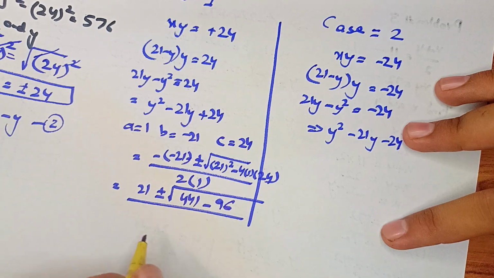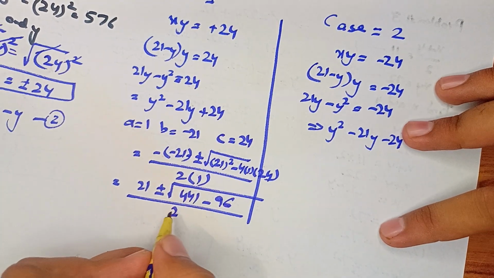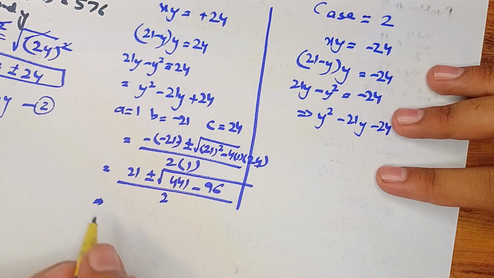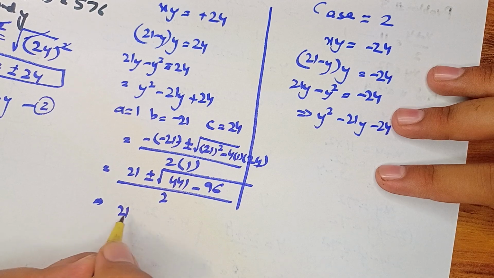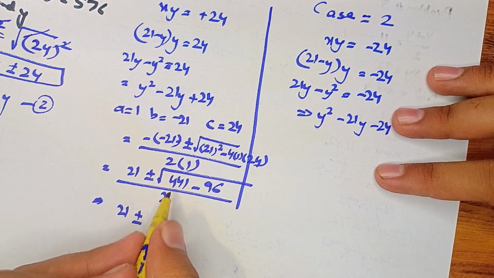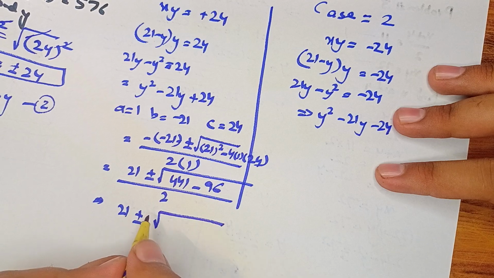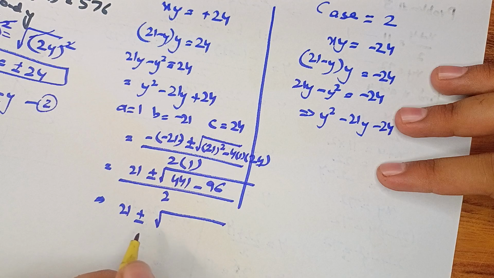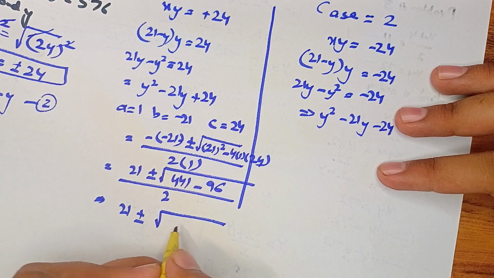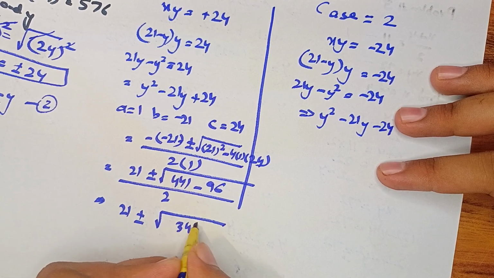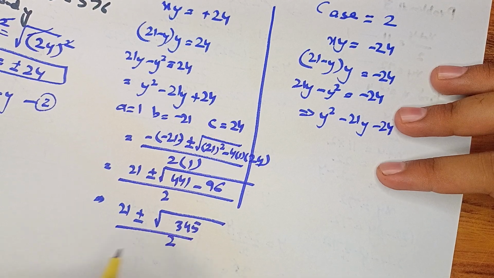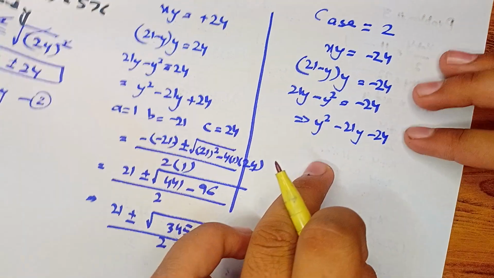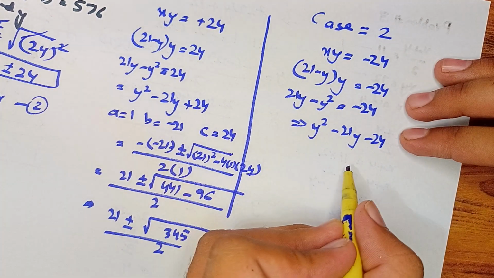Then subtract these two values and divide by 2 multiplied by 1. After subtracting these two values, our answer should be 345 divided by 2. Okay, this is our first side, and our second side is similar.